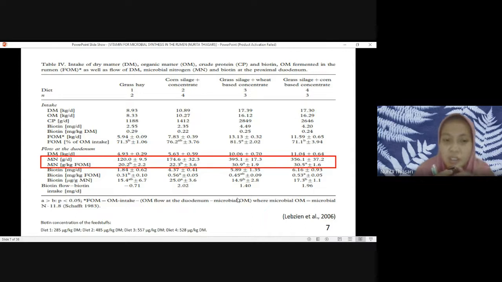In my understanding, in order to build the microbial protein synthesis, they need two primary sources. The first one is the nitrogen from the crude protein, and another one is the energy source. Both of these sources can be synthesized into microbial protein with the addition of vitamin.